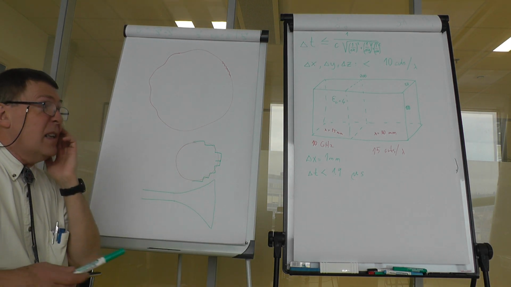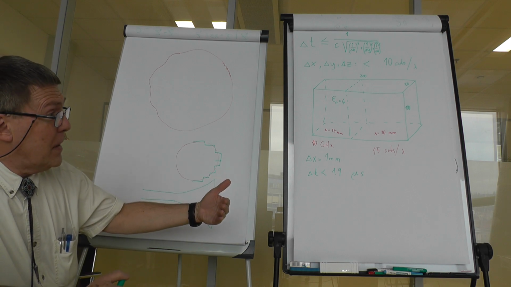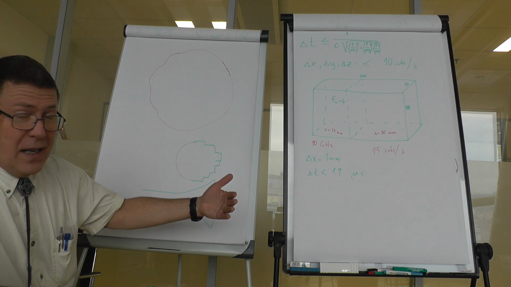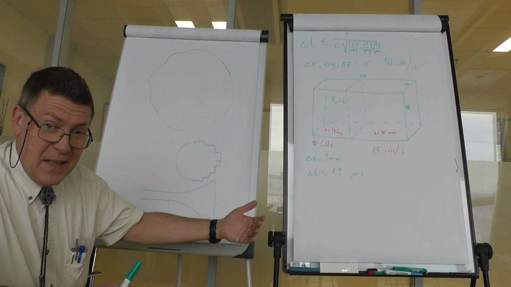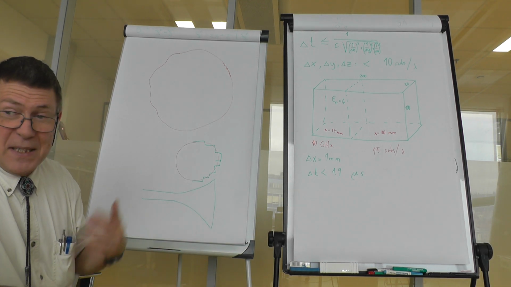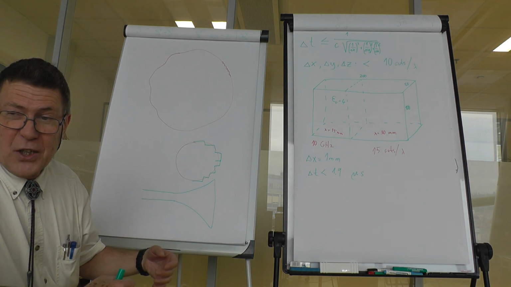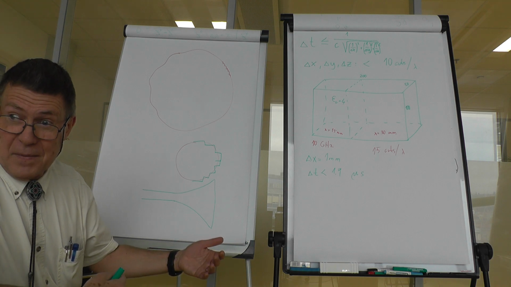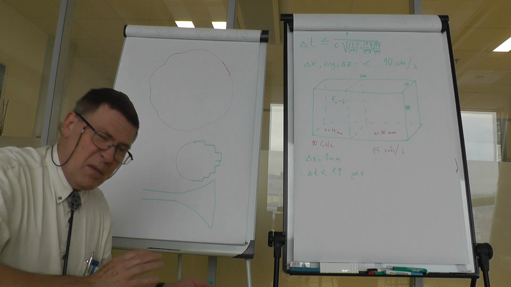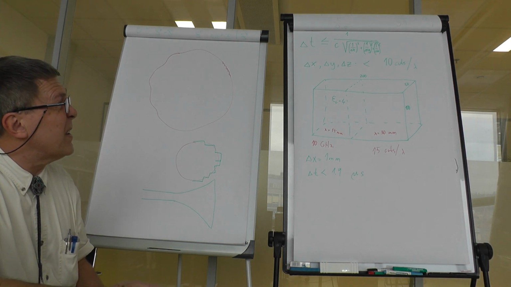So in fact, increasing the frequency one order up requires you to decrease all three space steps 10 times and the time step 10 times, which prolongs the calculation 10,000 times. That's something that is beatable but needs a lot of resources in computation.